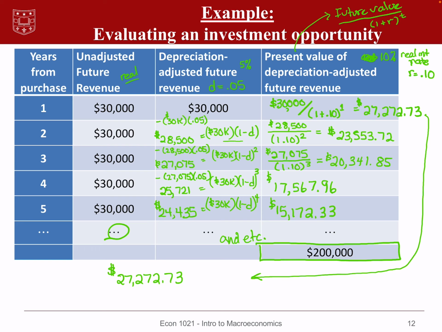That is the present value of, oh, I don't want to do that one actually. Sorry, let me do the next one. The $23,553.72. What is that? That is the present value of getting $30,000 minus depreciation in 2 years from now.